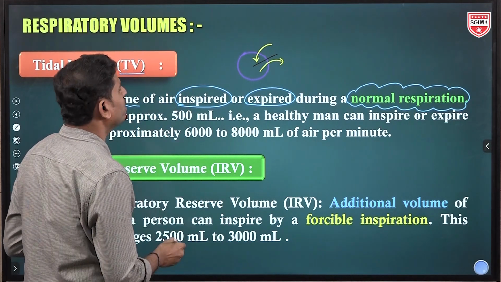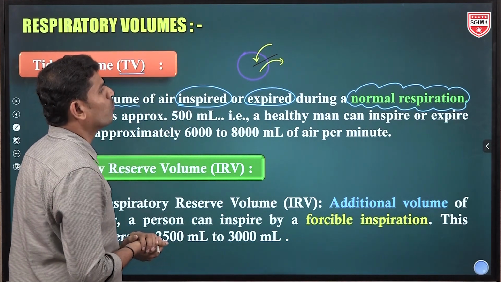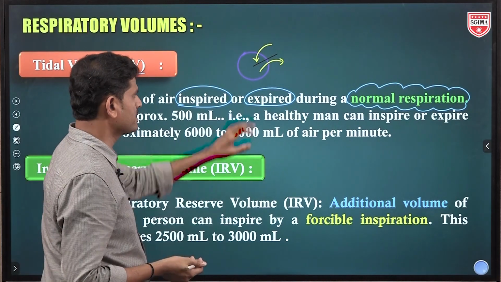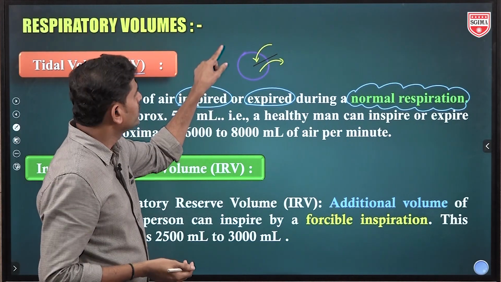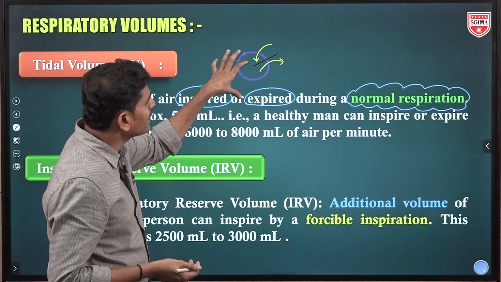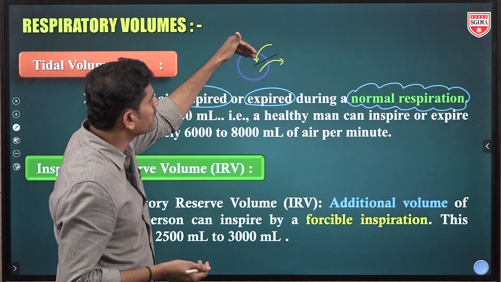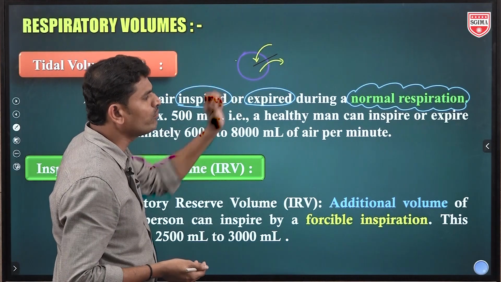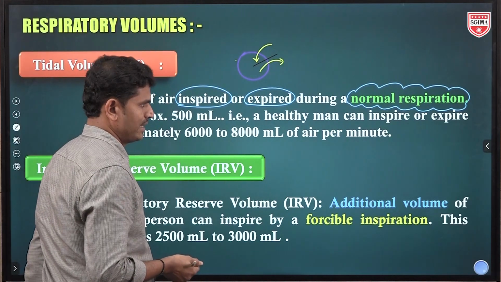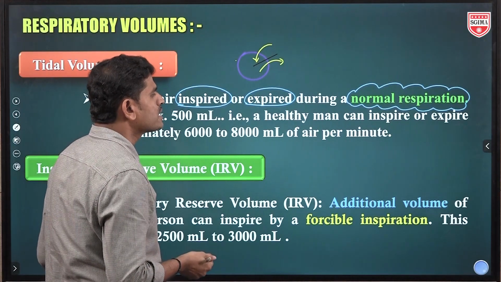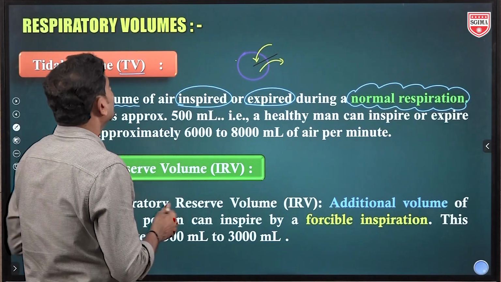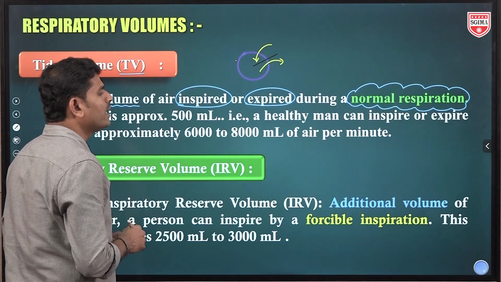So this is what is known as tidal volume. Tidal volume means this organism is under normal condition and is going to inspire or expire. Any one value only we can consider here. That normal respiration volume will be considered as tidal volume.